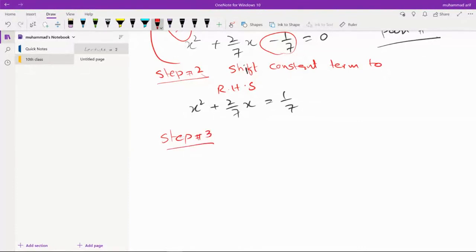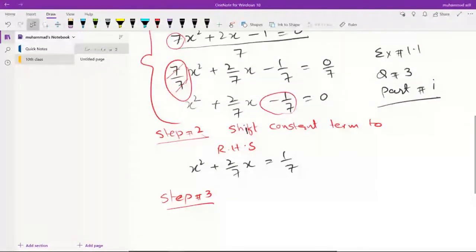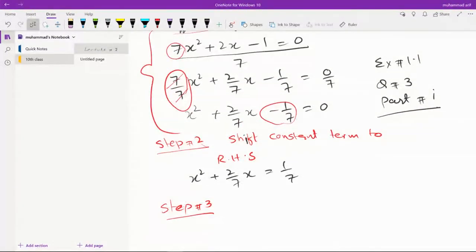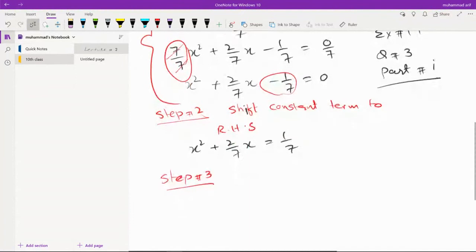Step number 3 is very important because in some questions, like in part number 6, we don't need step number 1 because the coefficient of x square is 1. Question number 3, part number 6.